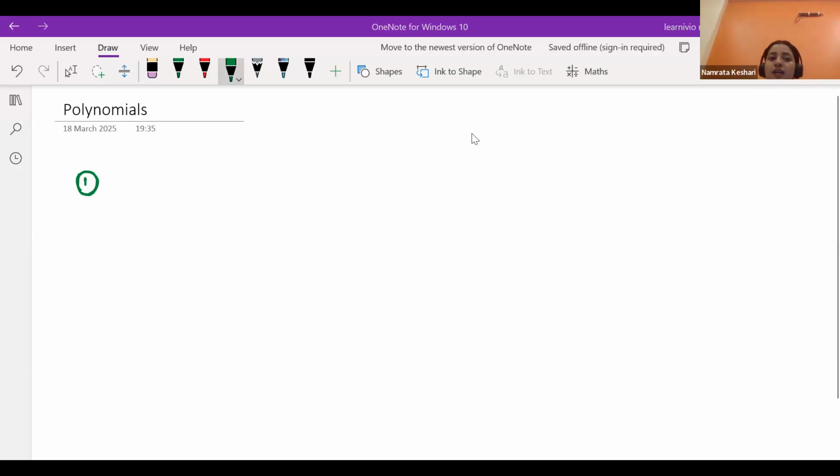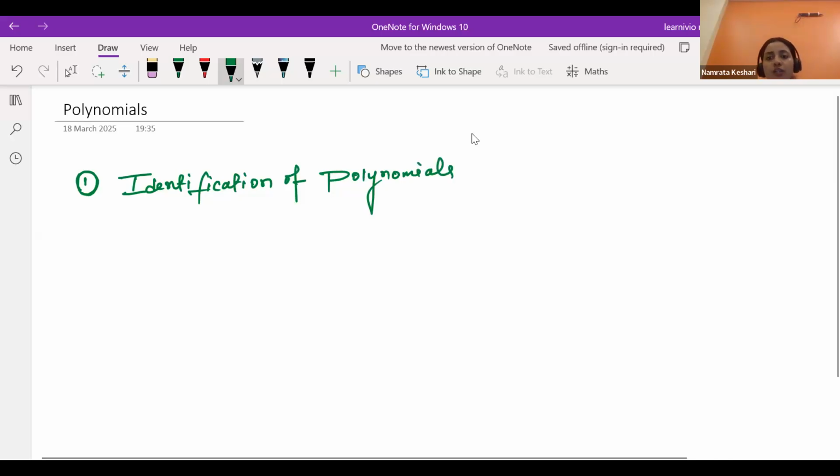So the first thing is identification of polynomials. At first, we will check whether the given expression is a polynomial or not.